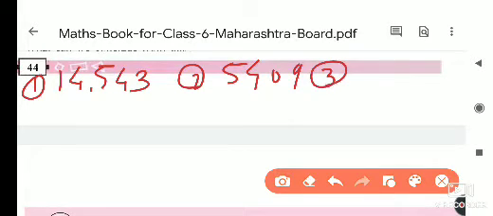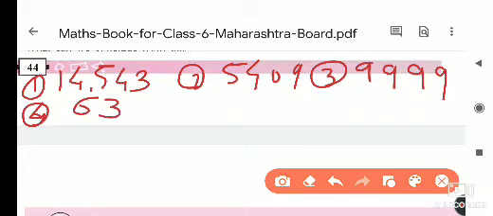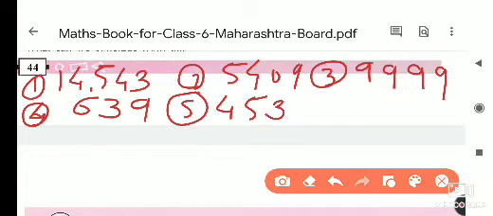Third number, 9,999. Next, the fourth number is 639. Fifth number, 4,532. Check whether it is divisible by 9 or not.